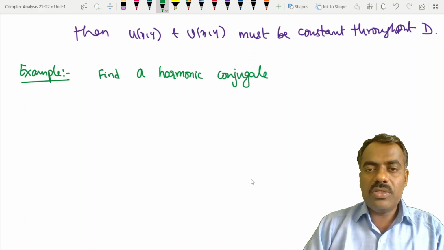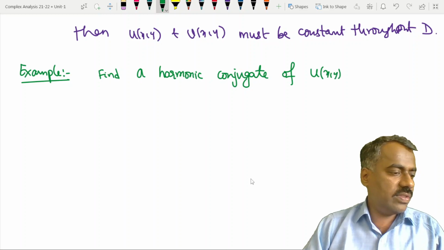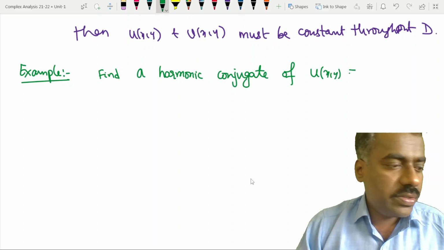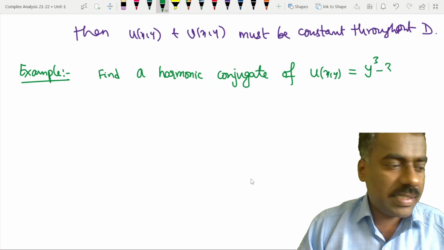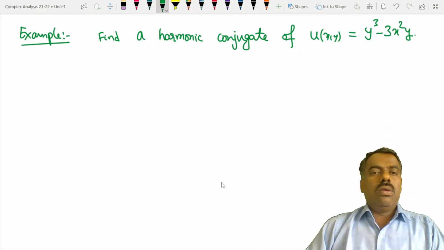Find a harmonic conjugate of u(x,y), which, let me take one example, is y³ − 3x²y.